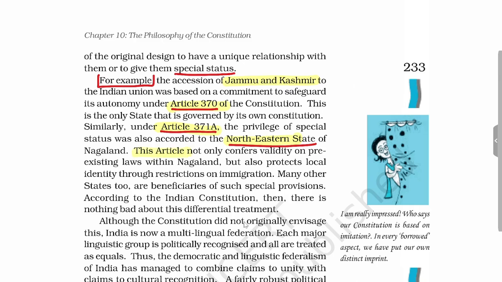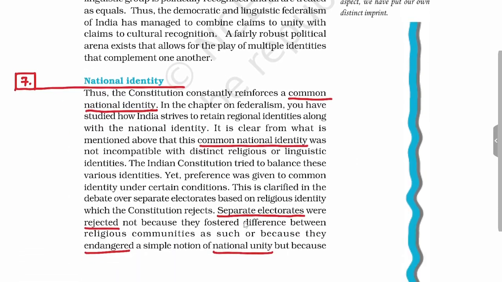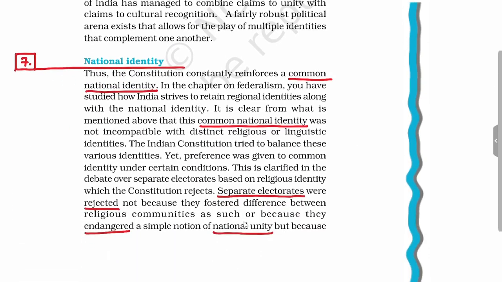Under this article, the pre-existing laws in Nagaland remain valid, so that local identity can be protected by restricting immigration. So this kind of special privileges are given to the states, creating an asymmetrical federal structure.